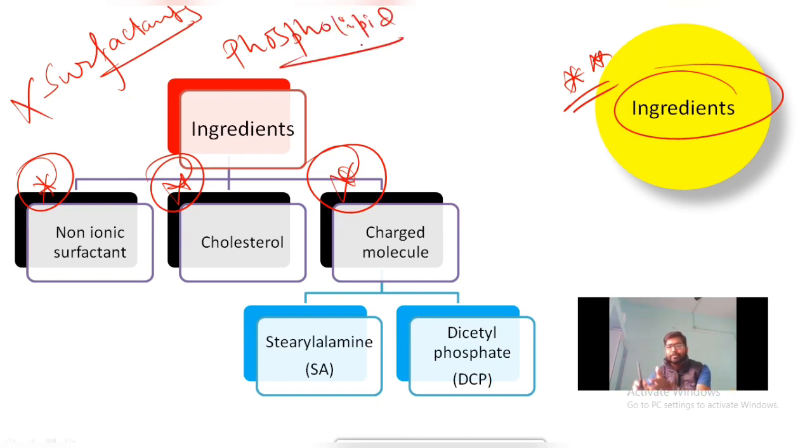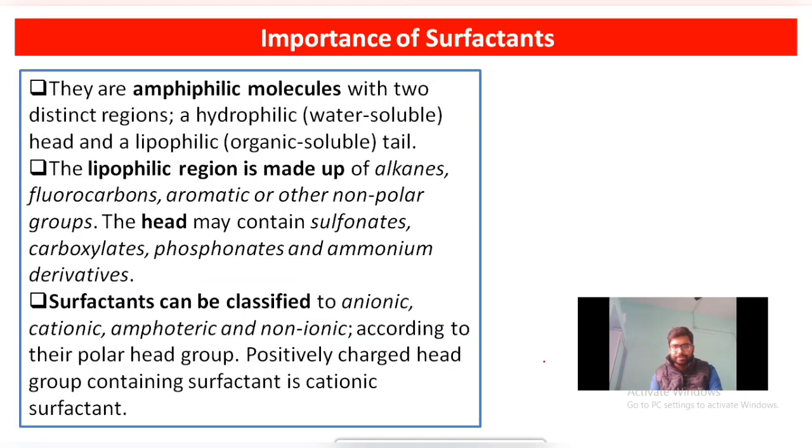This is the basic difference between Niosome and liposome. Apart from that, generally all are the same in both. Charged molecules are also used in Niosome and liposome. One is positively charged, and diacetyl phosphate, DCP, is negatively charged. These are generally used for Niosome formation.